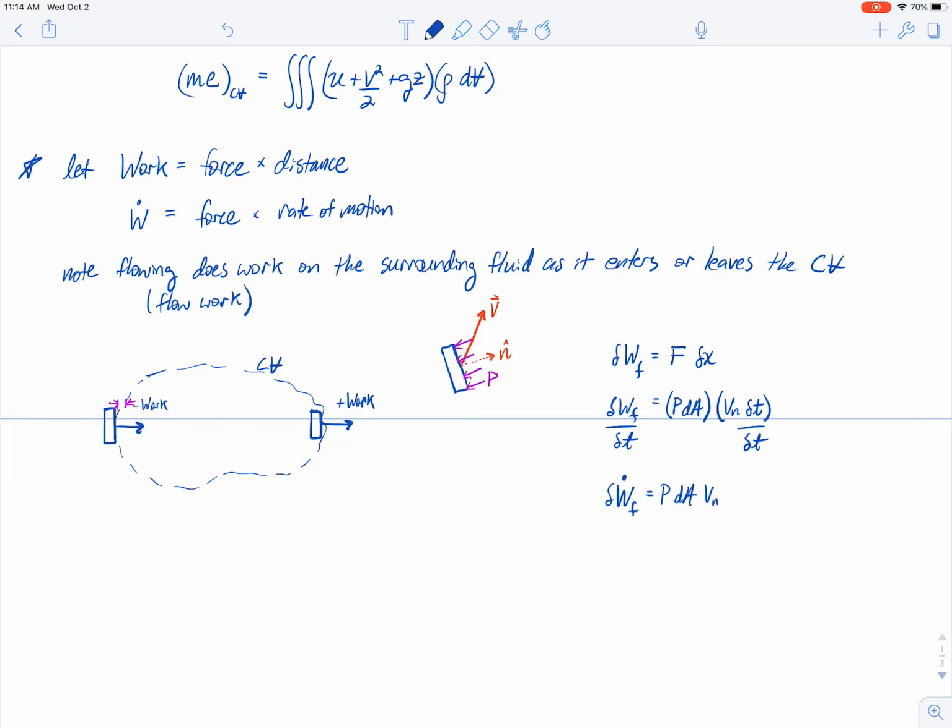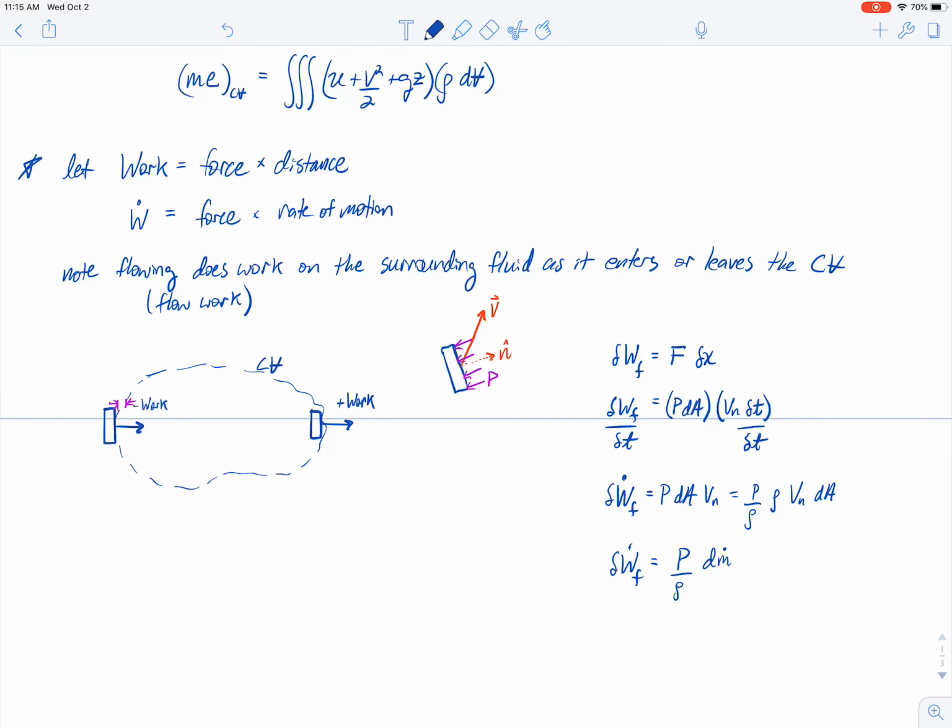Let's try to get some density out of this. So I could write this in terms of pressure over density times normal speed times differential area. And then, well, density times normal speed times differential area. That's a differential flow rate.